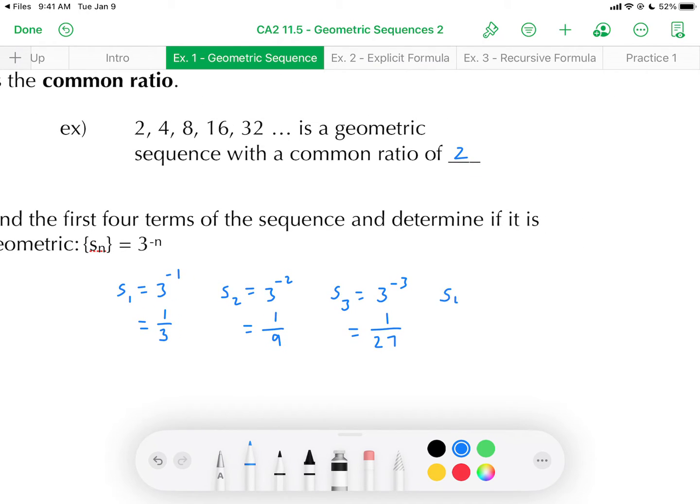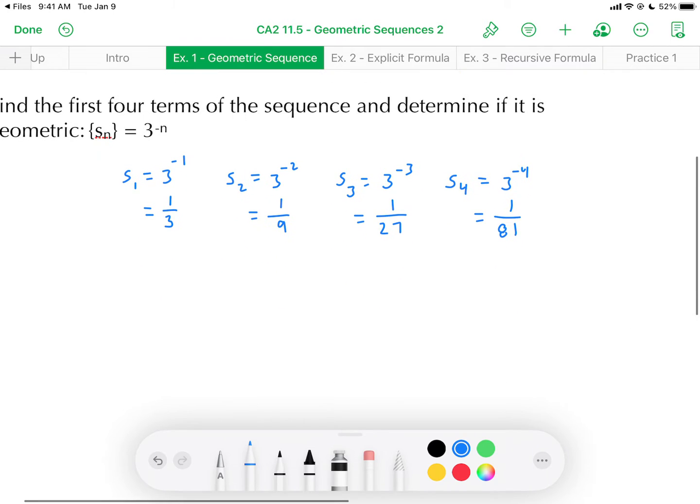And S sub 4 would be 3 to the negative fourth power, 1 over 3 to the fourth. That's 1 over 81, right? Okay, so our first 4 terms are 1/3, 1/9, 1/27, 1 over 81.